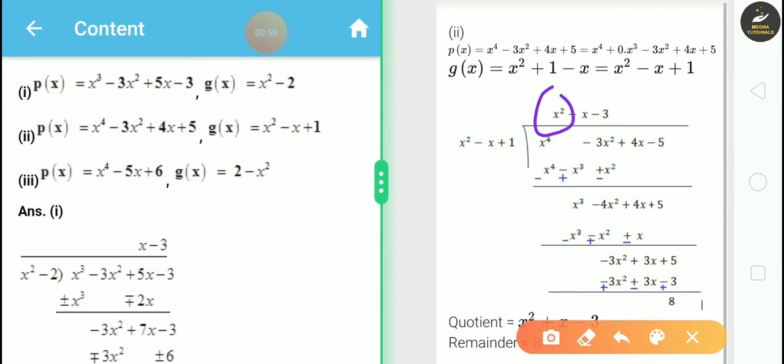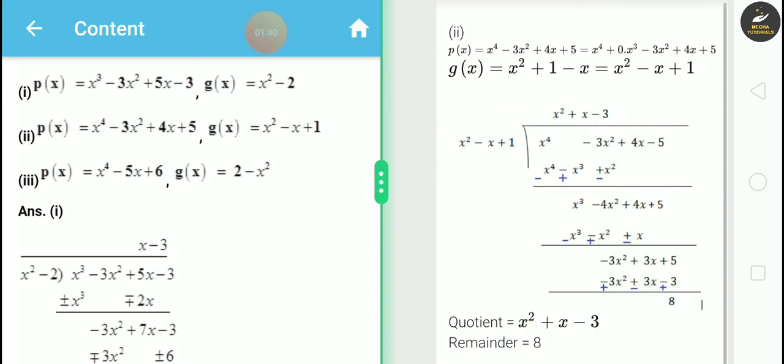Multiply x square by the divisor, so we will get x raised to 4 minus x cube plus x square. Then change the sign, so x raised to 4 minus x raised to 4 will be cancelled, 0x cube plus x cube will be x cube, minus 3x square minus x square is minus 4x square, and plus 4x plus 5 as it is.